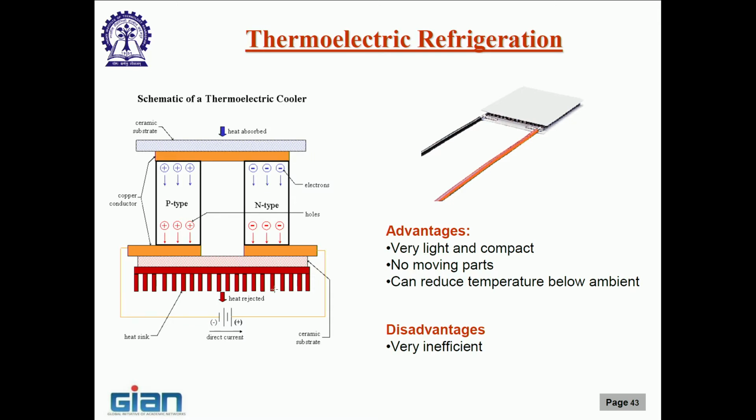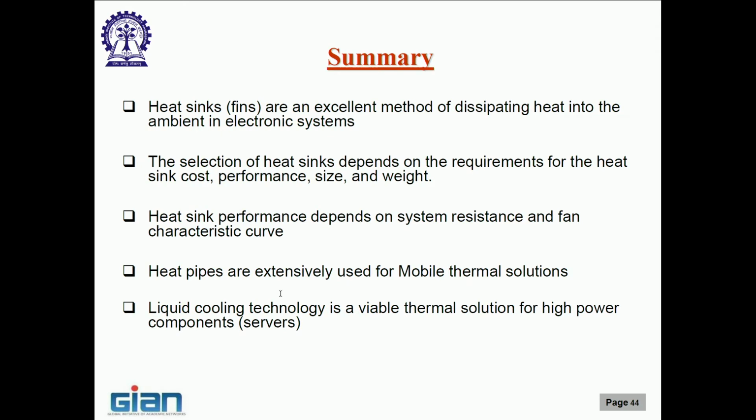Therefore, thermoelectrics can be used if you need localized cooling somewhere, but you have headroom for overall system level cooling. Okay. And what do I mean by that? It will probably be a little clearer when I talk about system level design. Okay. So, summary, I think this is all self explanatory, you have this slide.